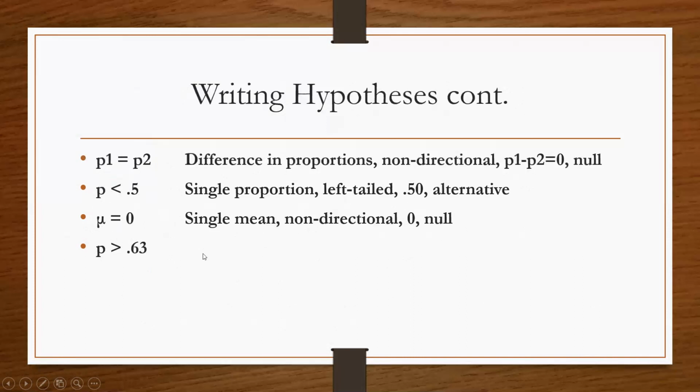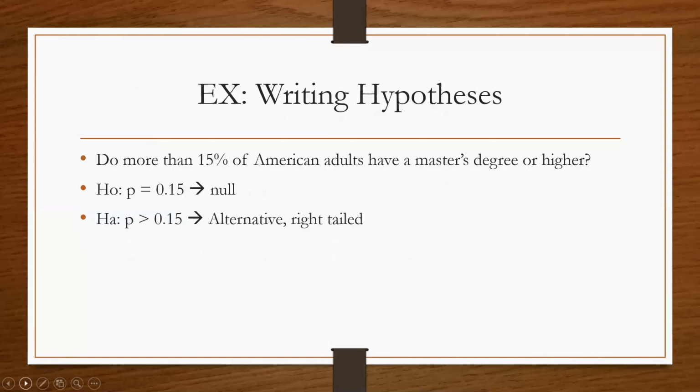The value that they gave you is 0, and it's a null because it's saying equal to it. And then last one is a proportion. It's got to be right-tailed because it's a greater than sign. You've got the 0.63 that's right here, and it's alternative because it's saying it's not equal to it. So those are just a few brief examples of some stuff that you're going to have pop up.